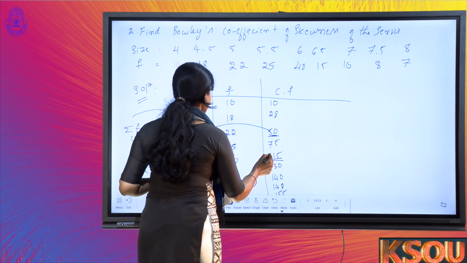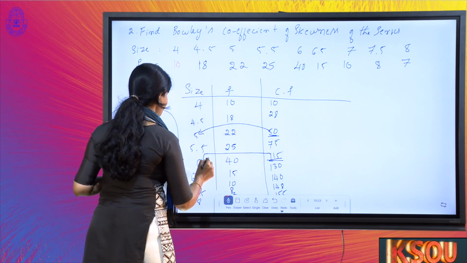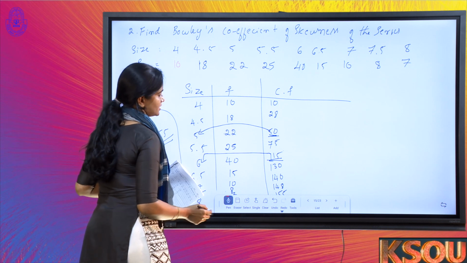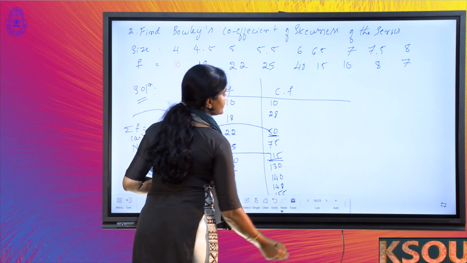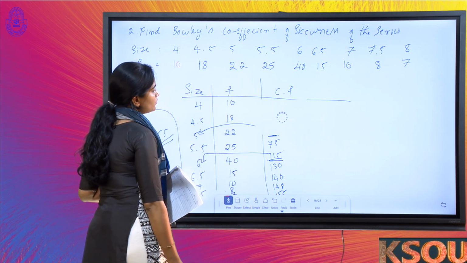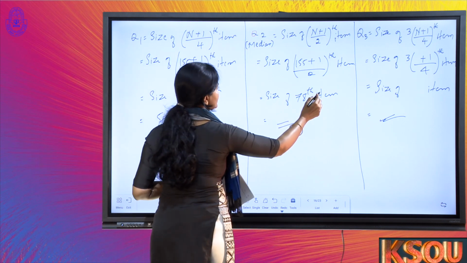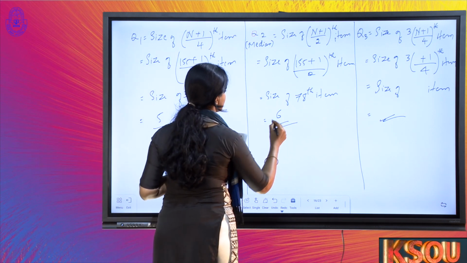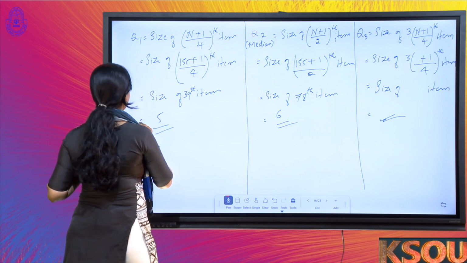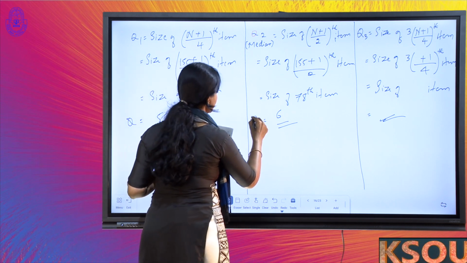Now, you can take corresponding value of this, that is 6. So, 6 is the value of 78th item. So, Q1 is 5, Q2 is 6.